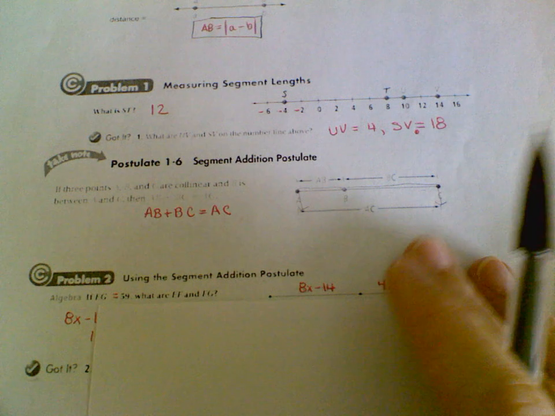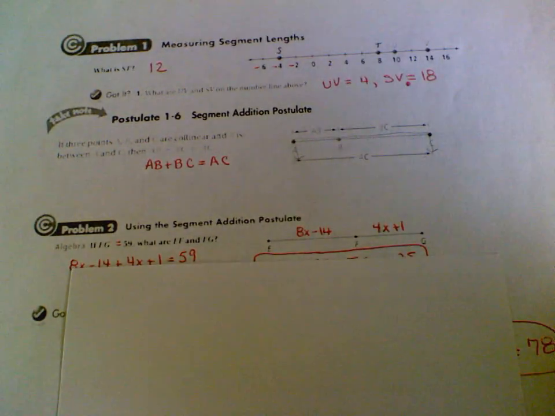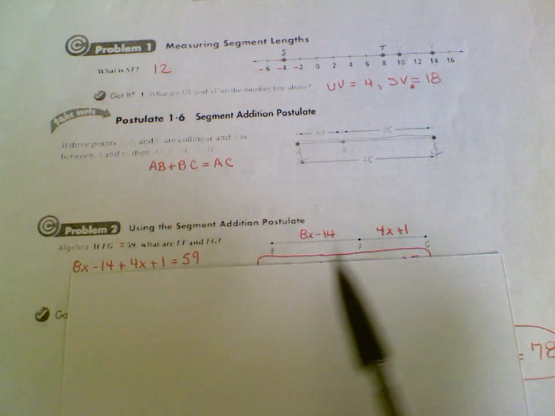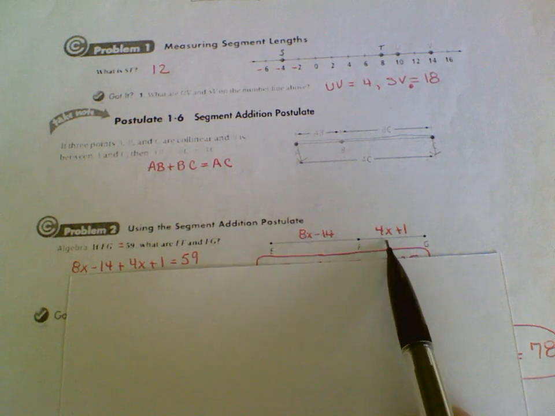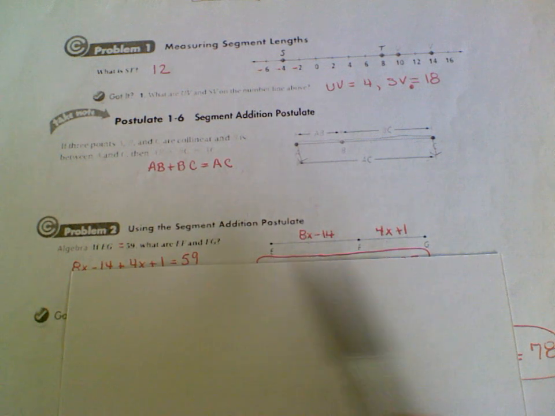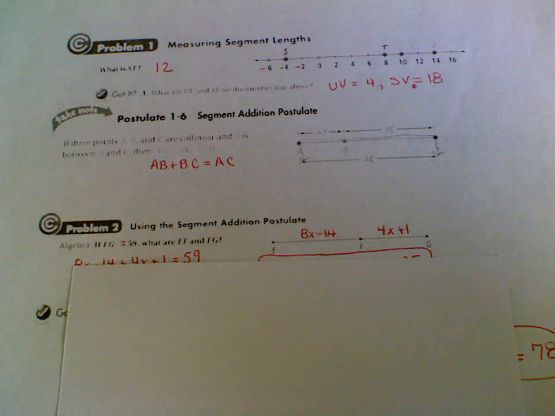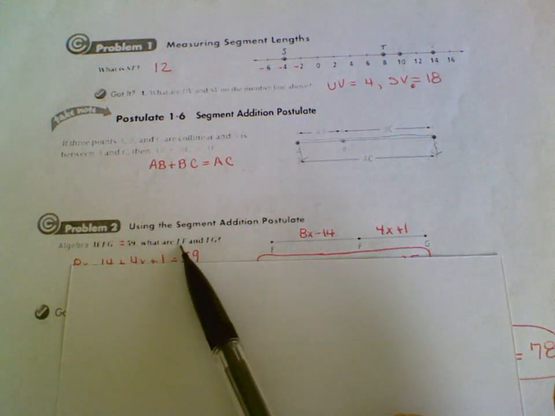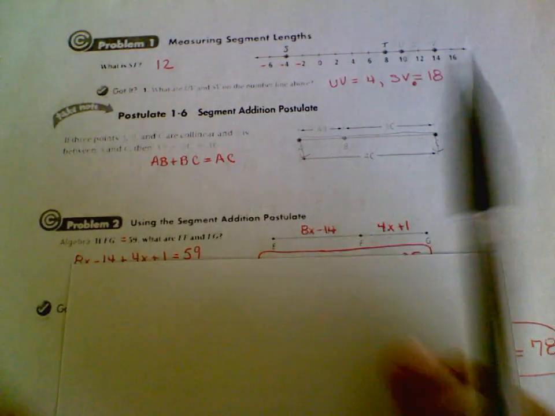So that's all it's saying. 2 small sections equals that one big section. So down here at the bottom, it gives me a line segment, and from E to F, it's giving me this expression, F to G is this expression, and then it told me from E to G is 59. So if I was going to use the segment addition postulate, I could use it to find the measurements of EF and FG. So all I would have to do is set it up.